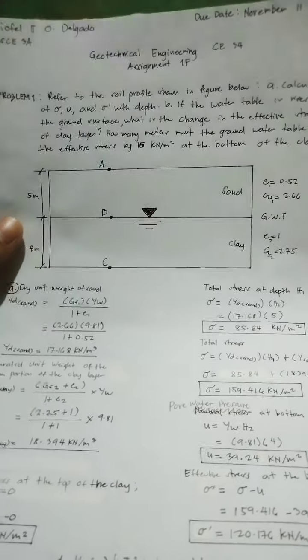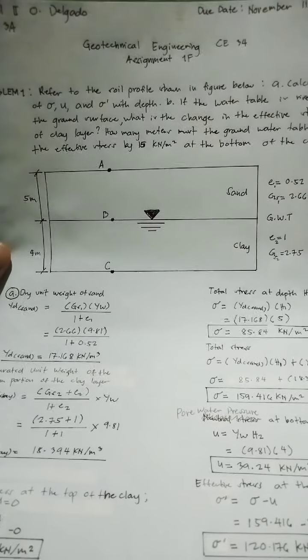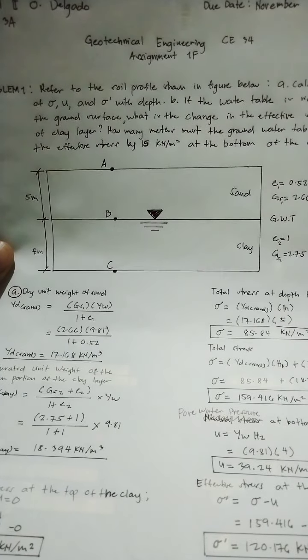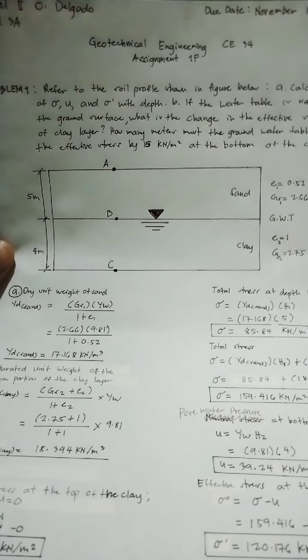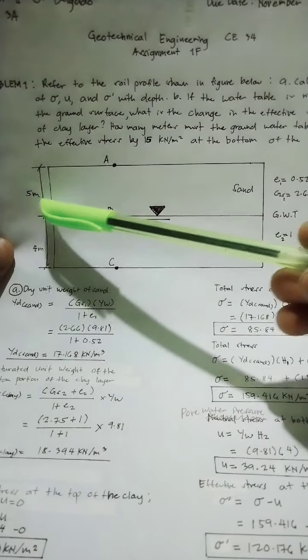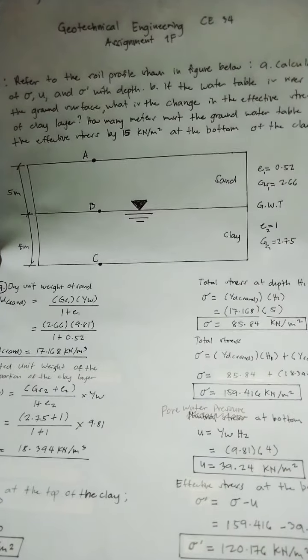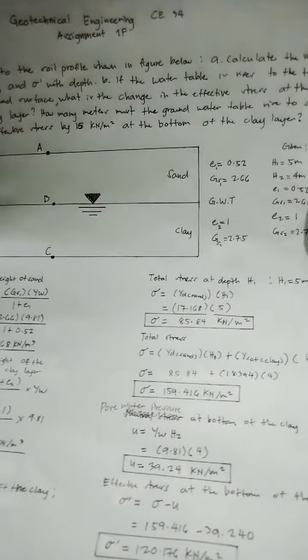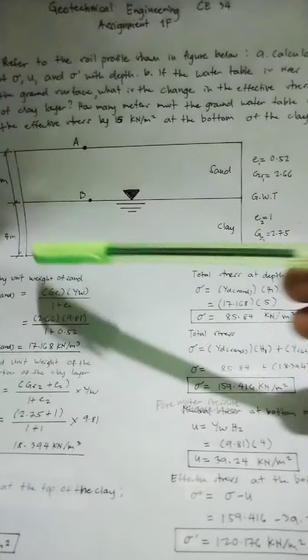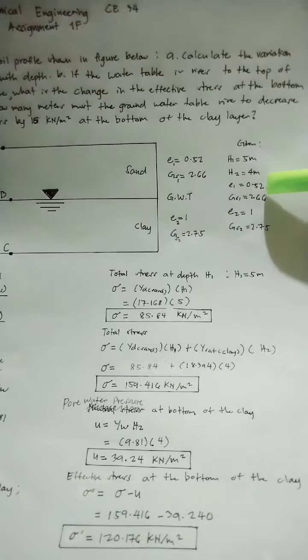So now, as we can see in this figure, I labeled this 5 meters for the sand layer as H1, then the 4 meters for the clay layer as H2.